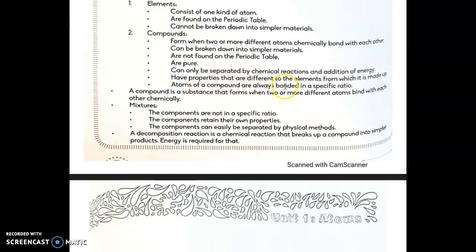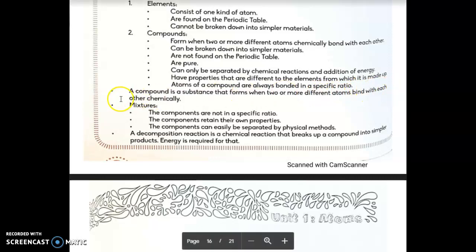They have properties that are different to the elements from which they are made up of, and atoms of a compound are always bonded in a specific ratio. A compound is a substance that can form when two or more different atoms bind with each other chemically.